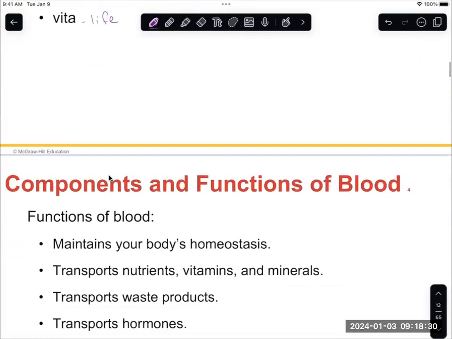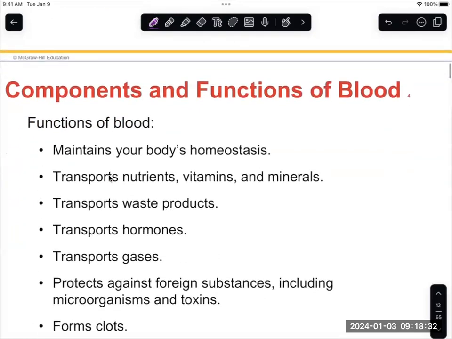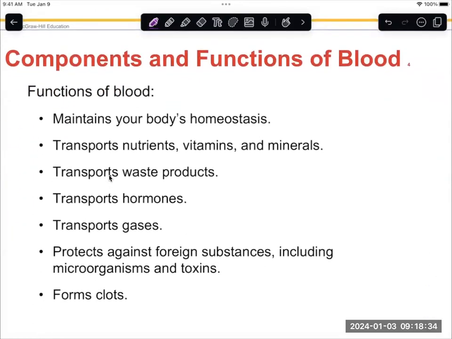So let's look at the functions of our blood. It's going to maintain your body's homeostasis. Our blood gets rid of waste products, transports oxygen around. It transports different hormones around. We'll get to that in a later chapter in the endocrine system. It's doing a lot of what I just listed here.